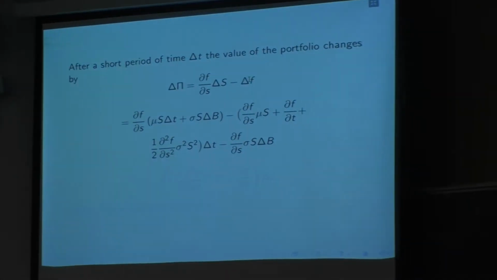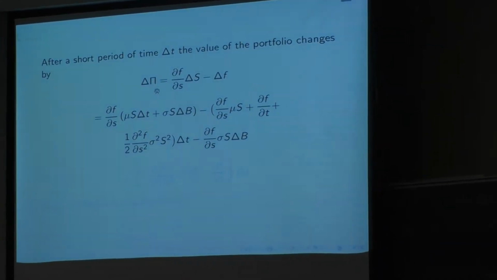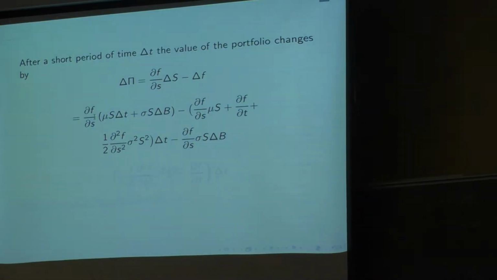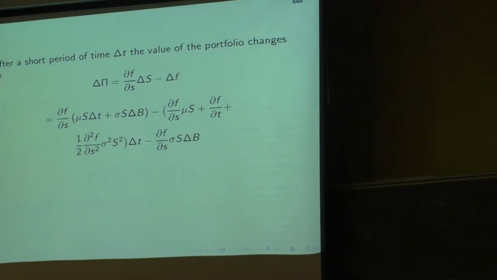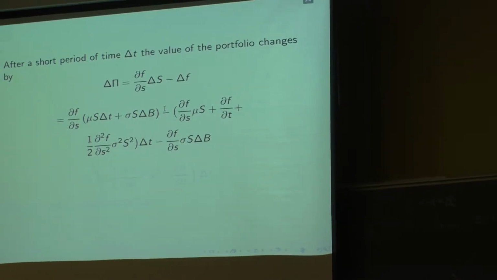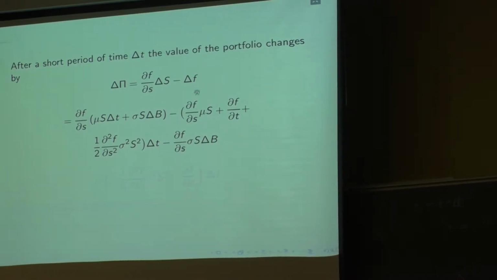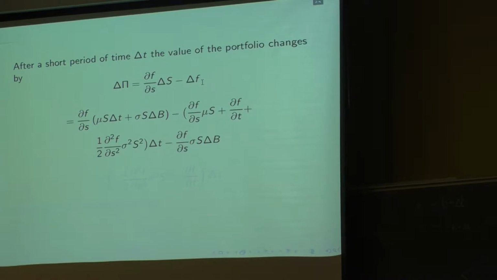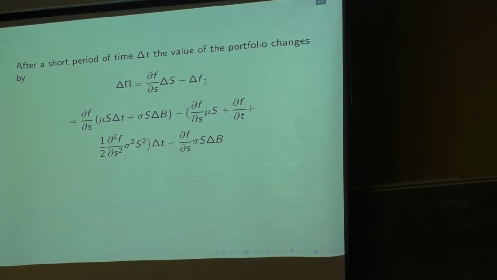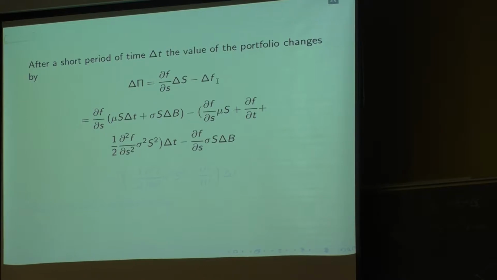So we write down everything we know. So we have the change in pi, and the change in the value of the portfolio is dfds, this number dfds times the change in S, which we estimate by doing this, minus whatever expression we had before for delta f. Now, this looks a bit hopeless. This is a very complicated expression, except that you notice that lots of things are going to cancel. And that's where I chose my portfolio cleverly, so that these cancellations will occur. So let's see, what is getting cancelled here?